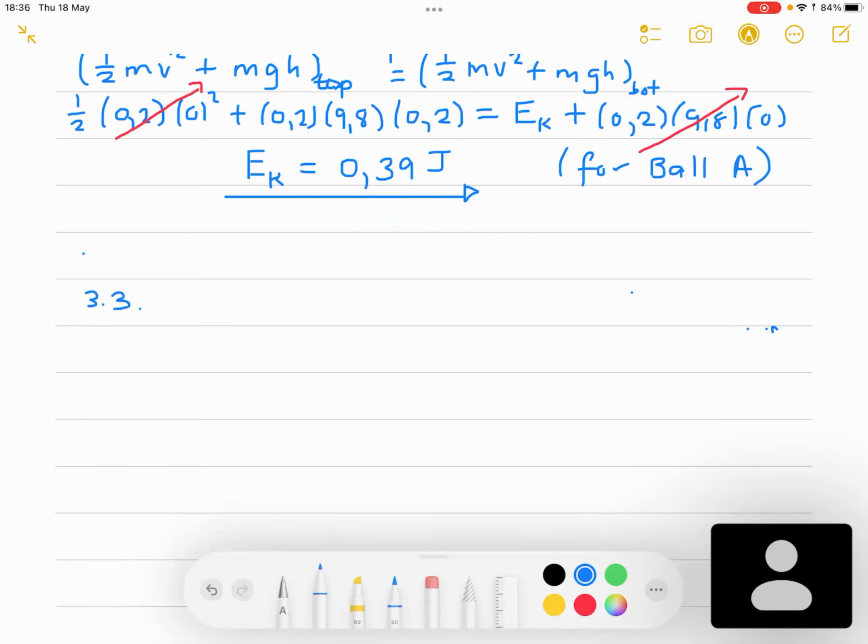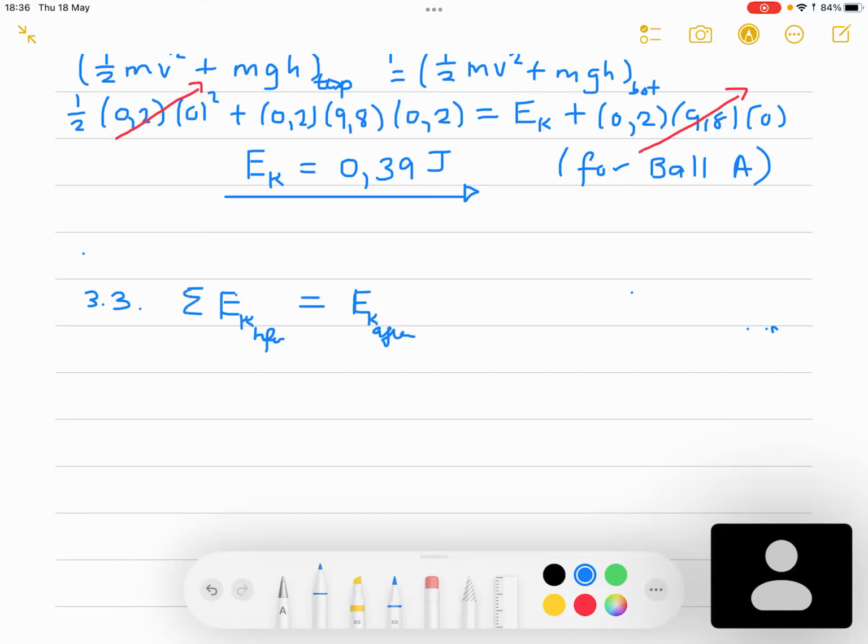Remember, they told us that this is an elastic collision. Okay, and that's how we can say that EK before is equal to kinetic energy after. Okay, the kinetic energy before the collision is equal to the kinetic energy after.